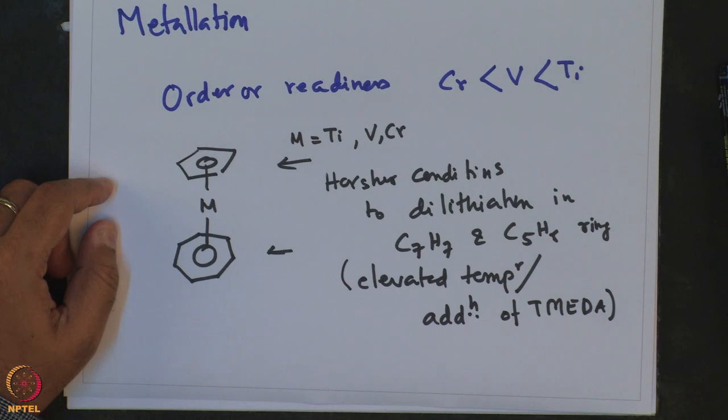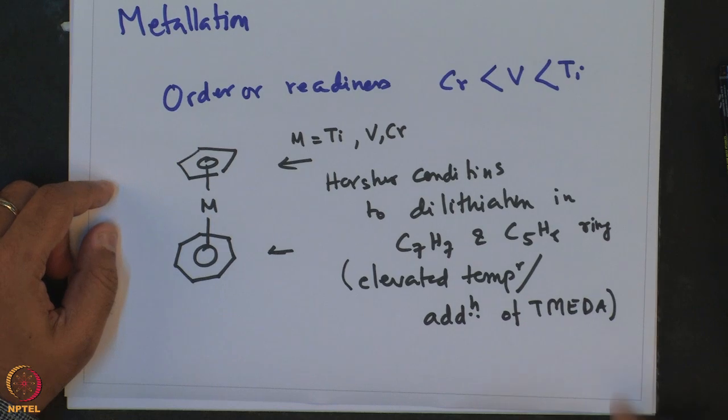So, we are going to take this up with some interesting examples where we are going to follow up these methylation reactions which are possible. One thing that emerges is that methylation happens at different rings depending on the metal, and that is beautifully illustrated by the example given over here.